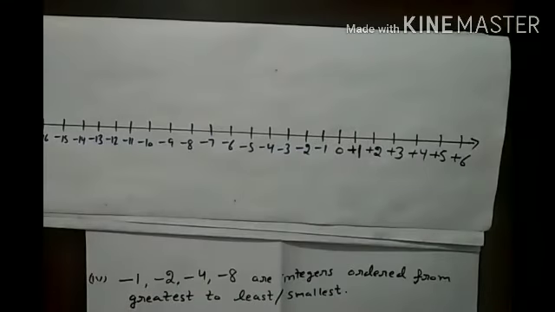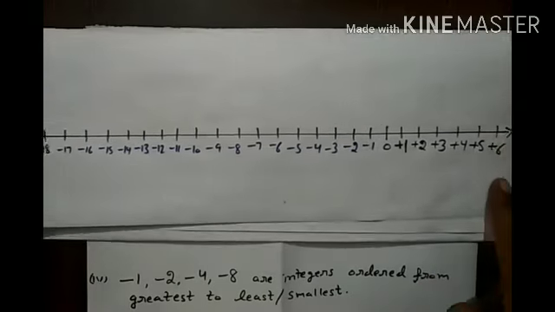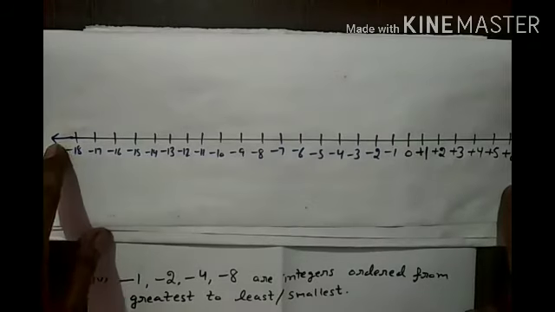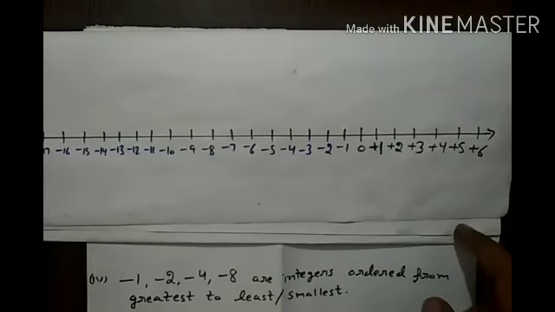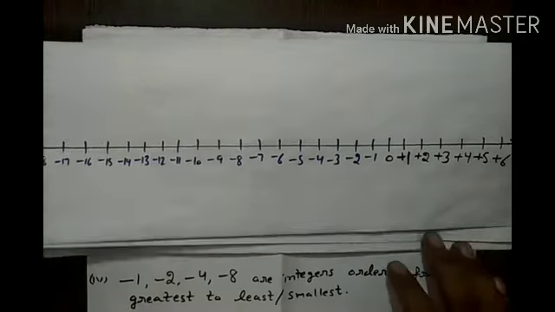Now, which is the smallest integer? Smallest integer is that which is on the leftmost end. You know that the number line never ends. These symbols show that the number line is non-ending, this arrow and this arrow, that we can stretch the number line as far as we can.